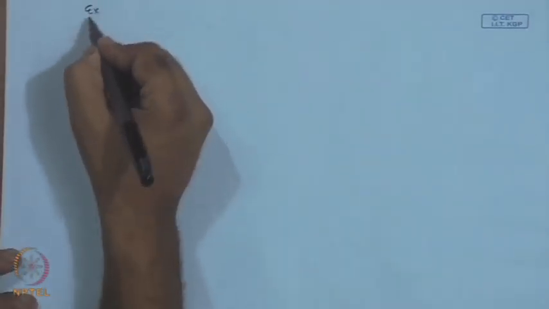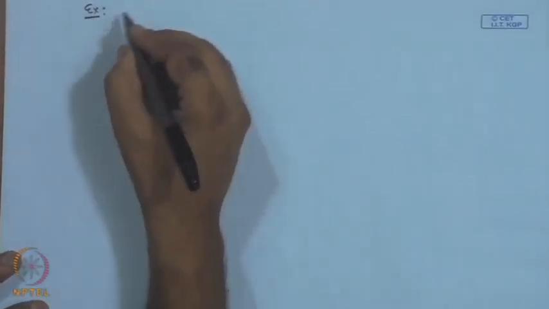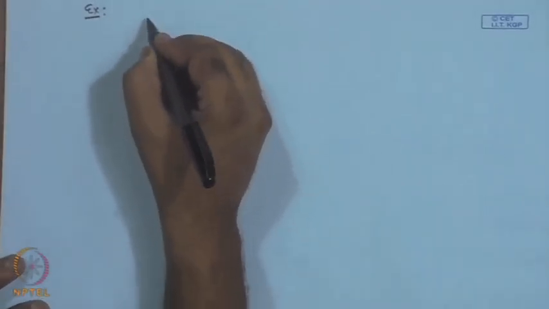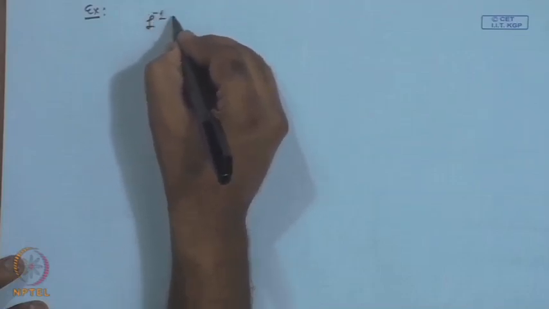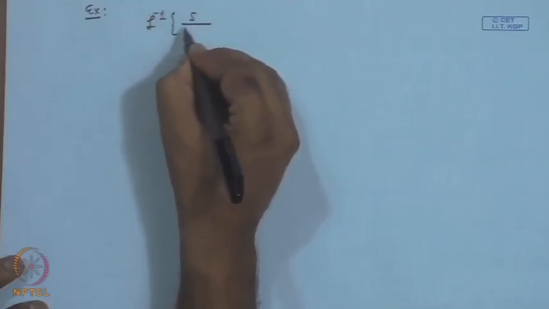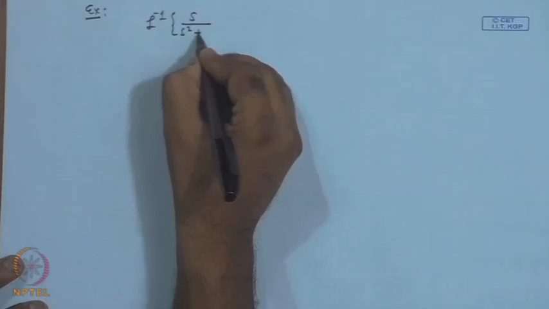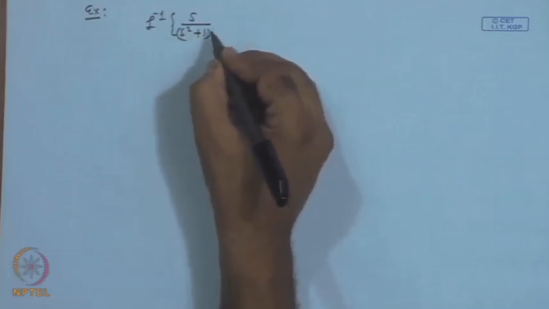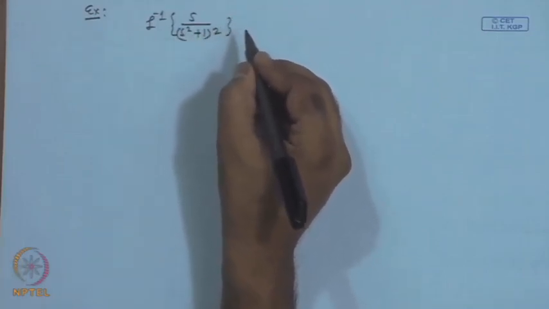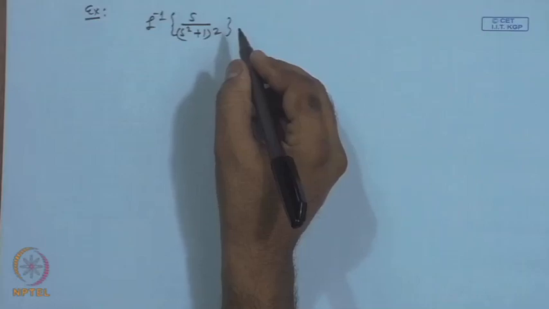Now, we just look at a few examples where we can directly apply this Laplace or convolution theorem while getting the inverse Laplace transform. For example, I want to get the inverse Laplace transform of s over (s square plus 1) whole square.